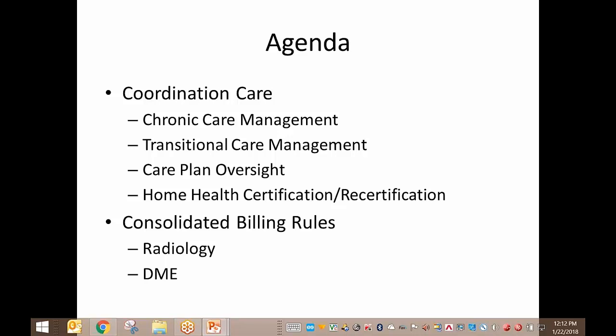We have chronic care management, and then we also have transitional care management, care plan oversight, and the home health certification and recertification. Then we want to talk about consolidated billing rules and the two areas in which it affects orthopedic practices, which are the radiology codes and DME. We will spend the last portion of the session on that.